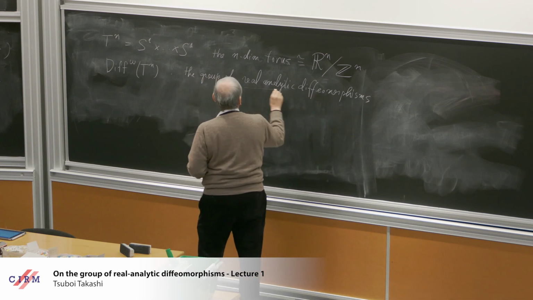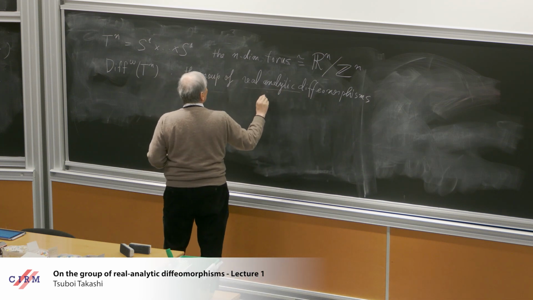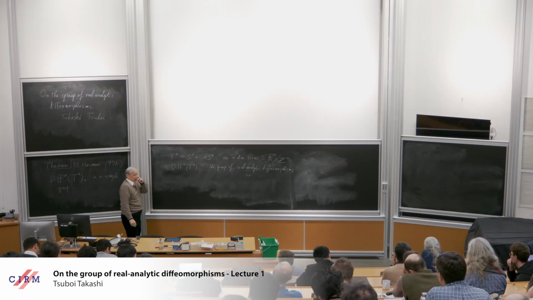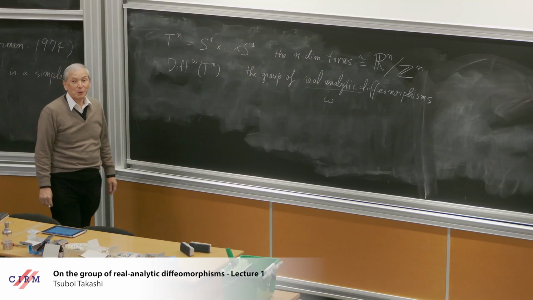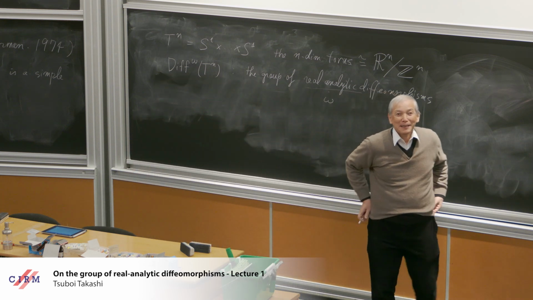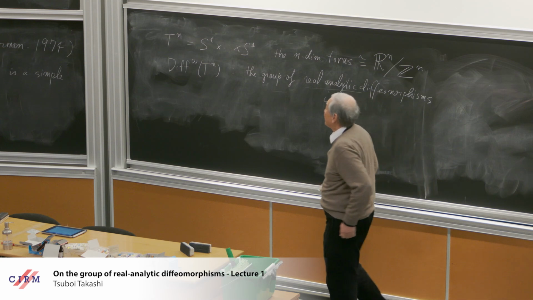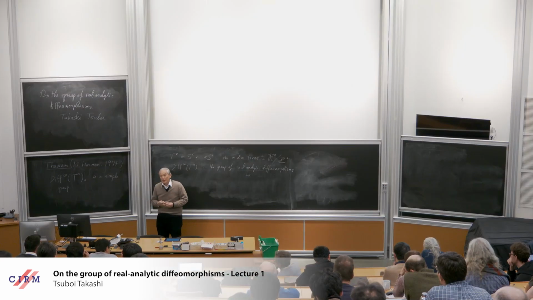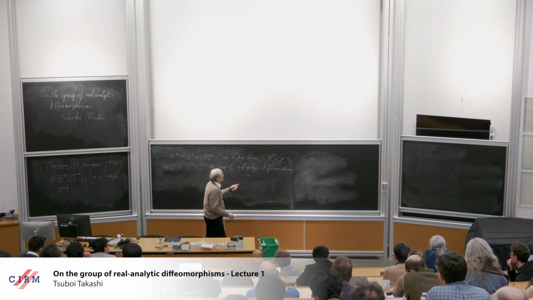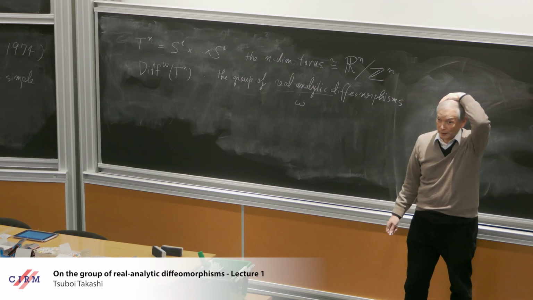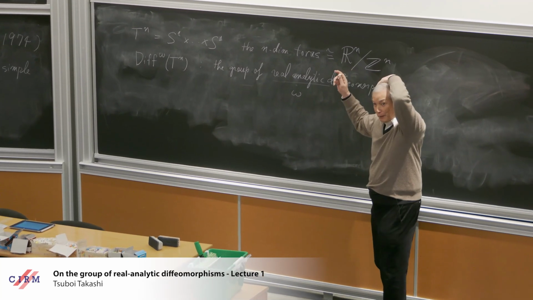And this real-analytic is written as omega here. And what is real-analytic? I don't know whether you learned what a real-analytic mapping is in the course. But here we have the torus, and this is the quotient space of R^n. We have a very nice local chart, of course, R^n itself.